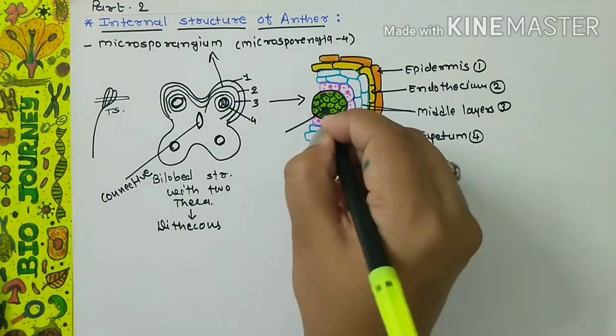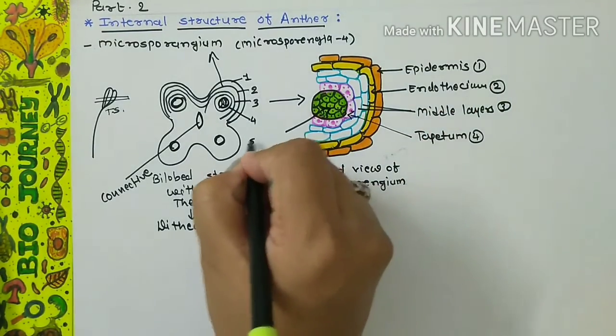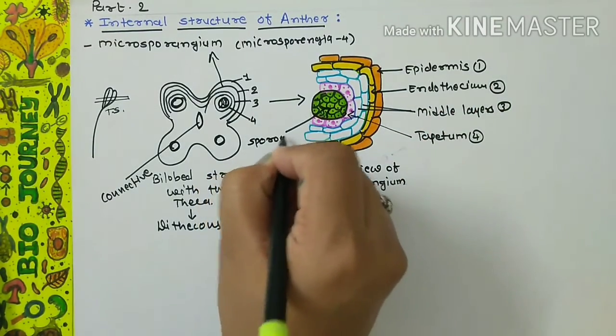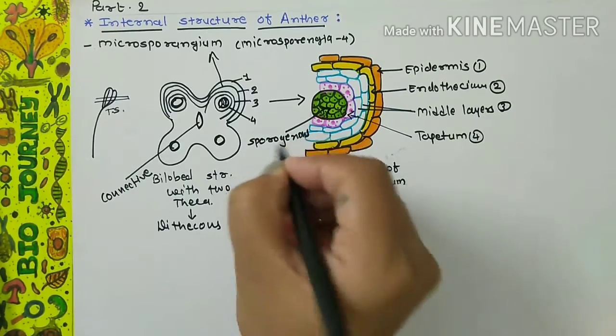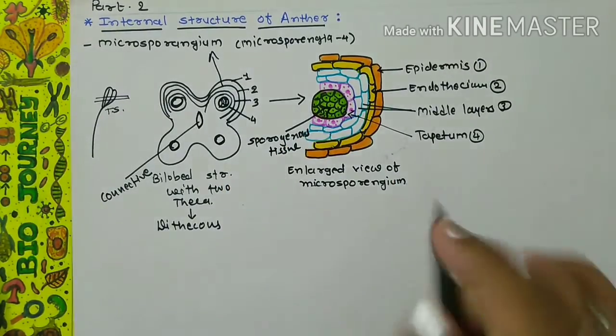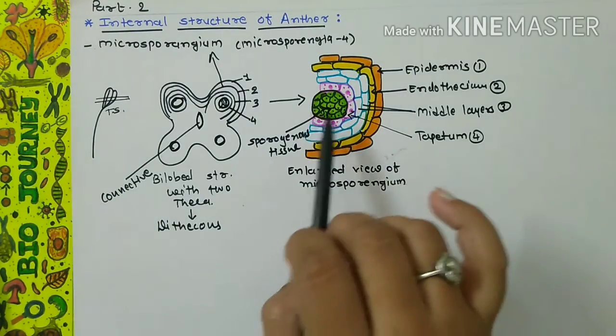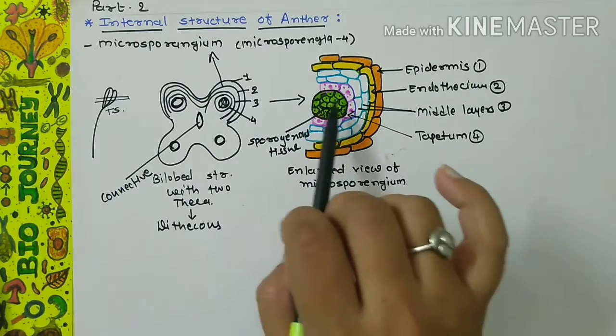This inner cell mass is the important structure known as the sporogenous tissue. So here you can see these four different layers and this inner cell mass.